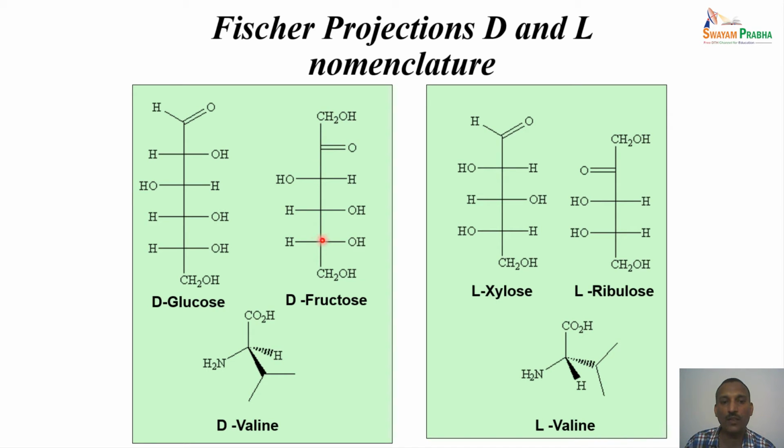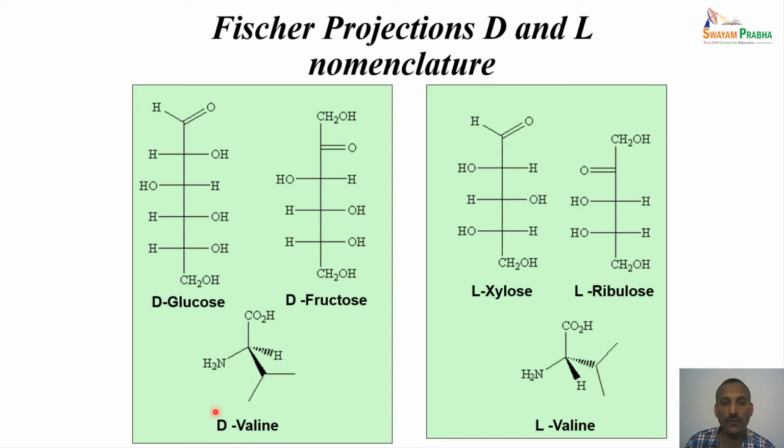In this one, we have a hydroxyl. So there is a difference between the secondary hydroxyl and the ketone. Ketone is the most oxidized functionality. So the compound is written like this by keeping the ketone at the top, and now the farthest carbon is this carbon, and this has the hydroxyl on the right, so this is again a D isomer.